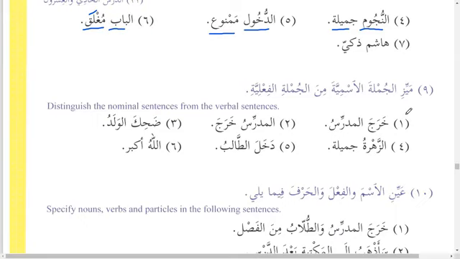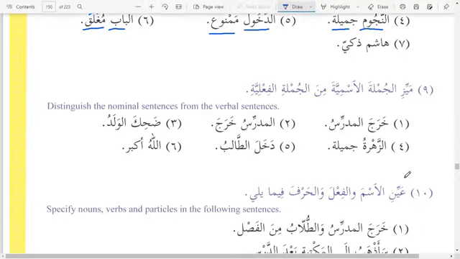Mumayyiz is the one who distinguishes, and mumayyaz is something that is distinguished. Mayyizil jumlatal ismiyata min al jumlatil fi'liyati. So now we have to distinguish between the nominal sentence and the verbal sentence. And I'm sure, inshallah, you can do it.